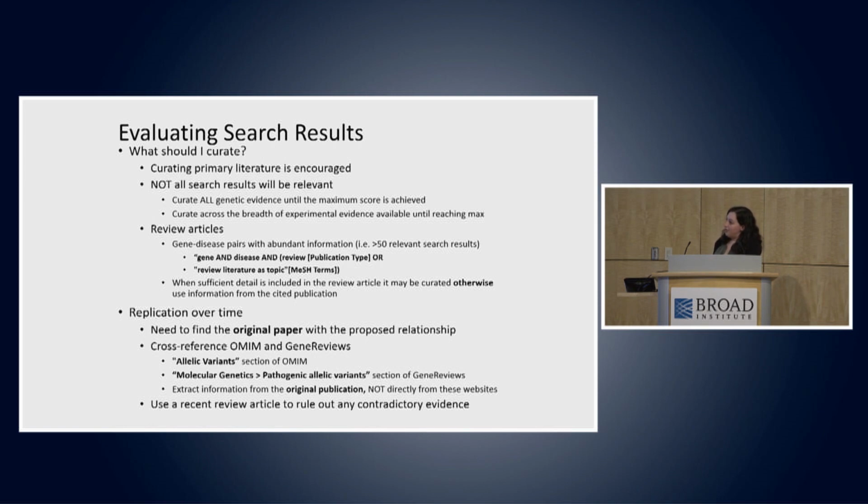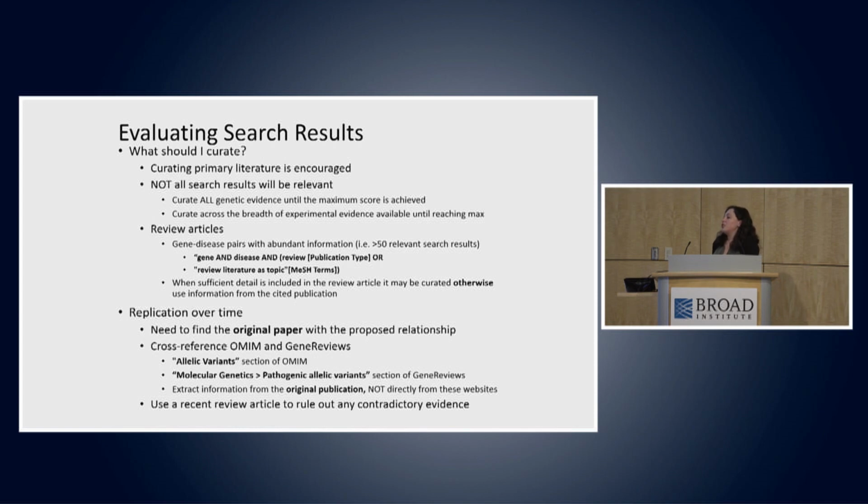And when you have sufficient detail, and we'll talk about this in the workshop, to curate a review article, you may be able to curate that if it's a very definitive gene-disease association, especially if it has hundreds of patients in it or a table with variants that you could very easily score and get to definitive. In that case, it would be acceptable to curate the review. But you do have to have enough information. You can't just have them saying 50, 60 plus people have variants in this gene. You do need to see the variants and make sure they're convincing to you.